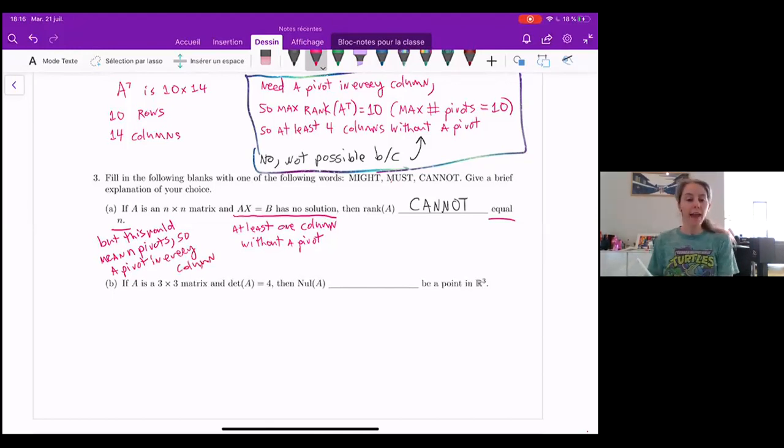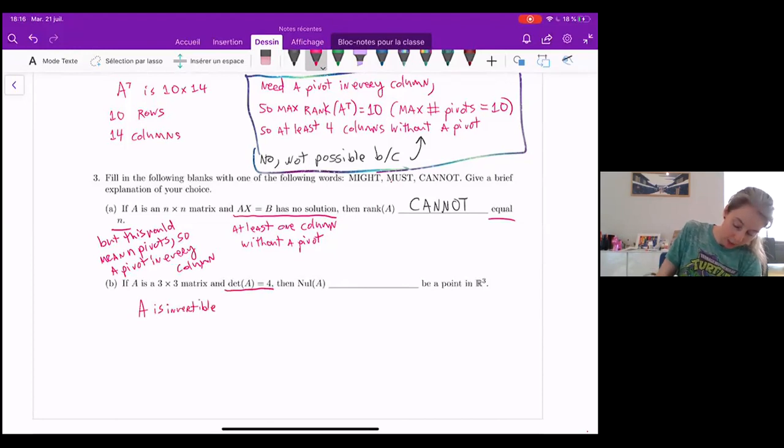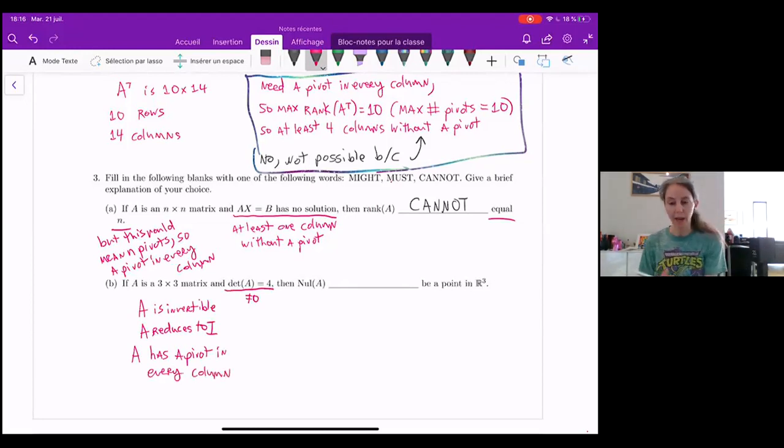Okay, so then if A is a 3 by 3 matrix and the determinant of A is equal to 4, well, this tells me A is invertible because it's not 0. That means A reduces to I. That means A has a pivot in every column. Good. So then the null space, well, if there's a pivot in every column, that tells me that there are no free variables.